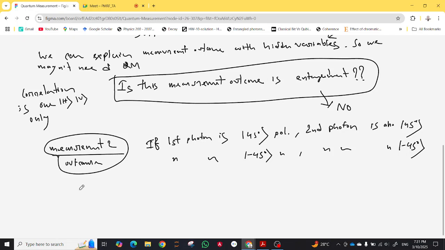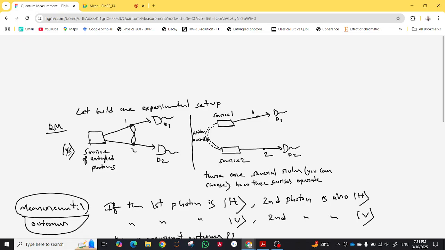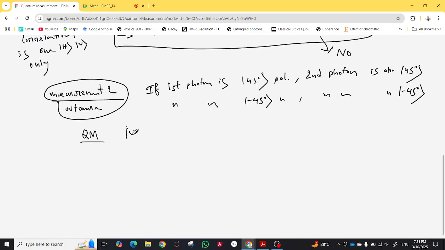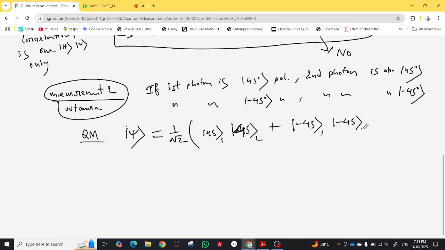Now again you want to explain these outcomes. First you try to explain with quantum mechanics. With the help of quantum mechanics, can you explain the outcomes? Of course you can, right? You write the source wave function psi as 1 by root 2 of plus 45 1, plus 45 2, plus minus 45 1, minus 45 2.